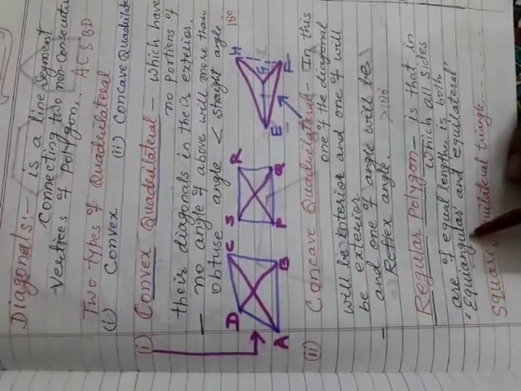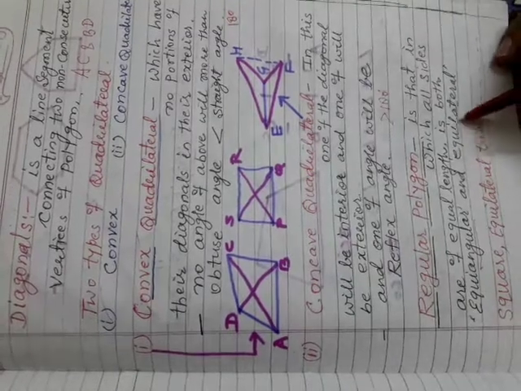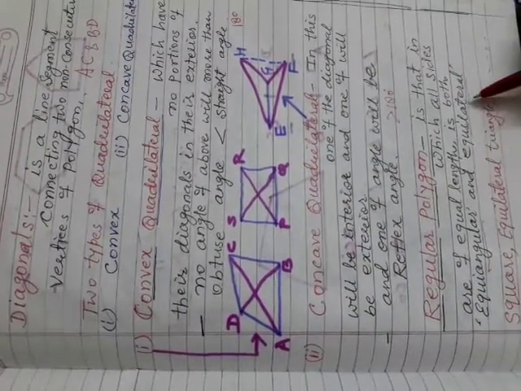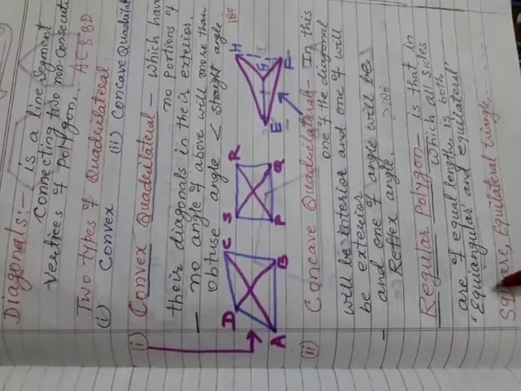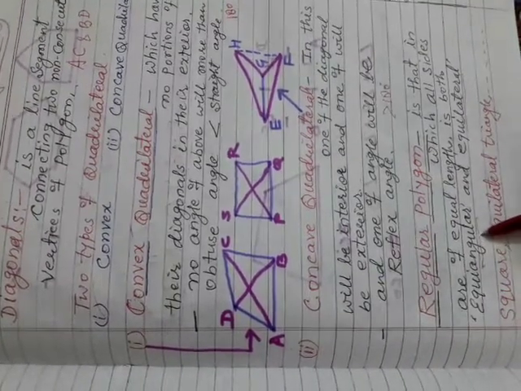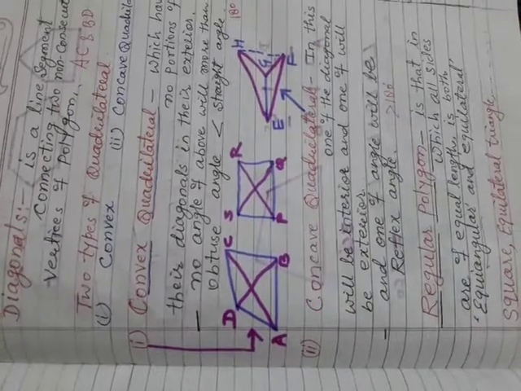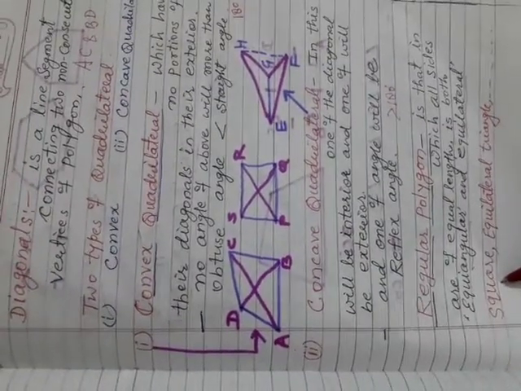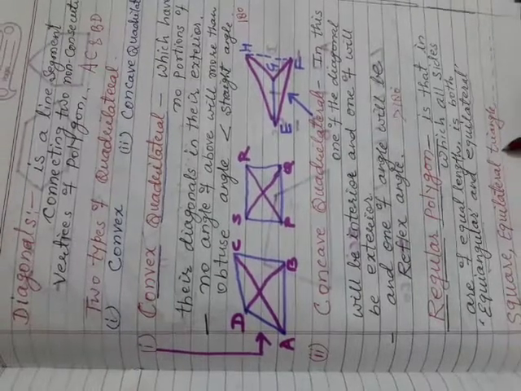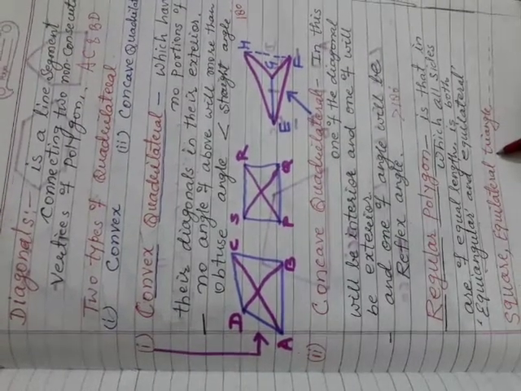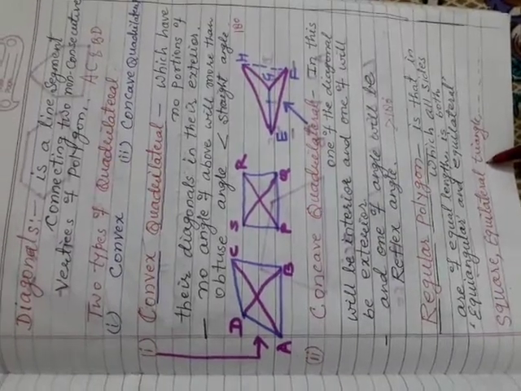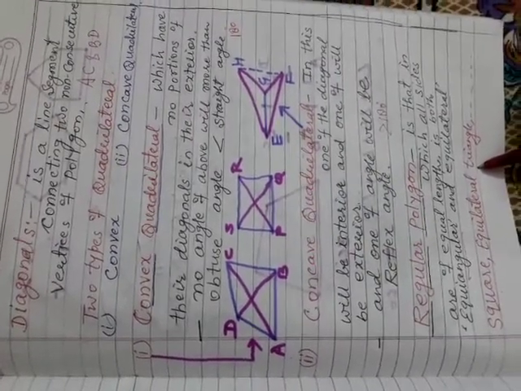Equi means equal and angular means angles; lateral means sides. For example, a square: all sides are equal and all angles are 90 degrees. An equilateral triangle: all sides are of equal measure and all angles measure 60 degrees. Each is an example of a regular polygon.